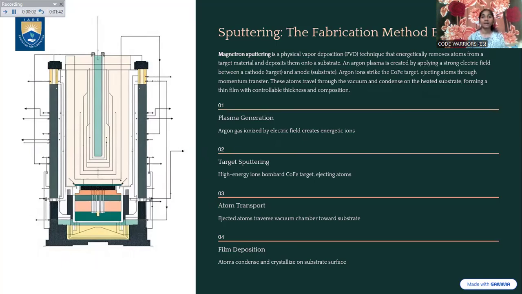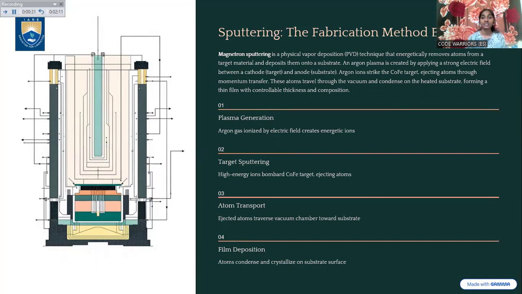Sputtering. The fabrication method explained. Magnetron sputtering is a physical vapor deposition (PVD) technique that energetically removes atoms from a target material and deposits them onto a substrate. An argon plasma is created by applying a strong electric field between a cathode, the target, and an anode, the substrate.